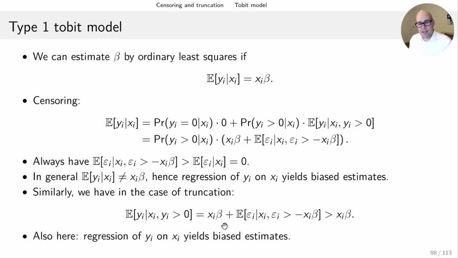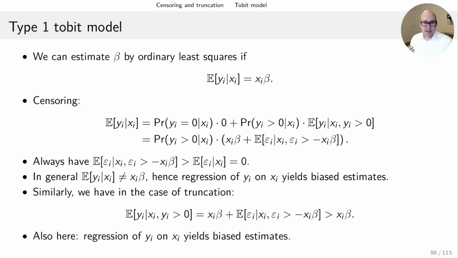The one difference is that here I have in addition this probability in front of the expression. Otherwise, this expression is the exact same expression as this one here. And this one is always bigger than xi beta. So also here, in general, a regression of y on x yields biased estimates.